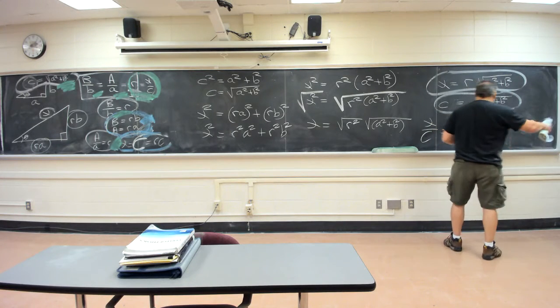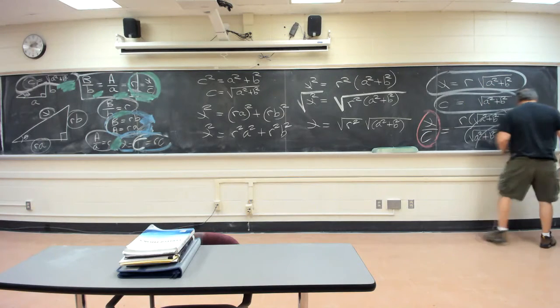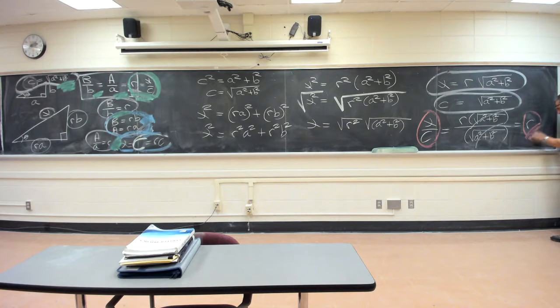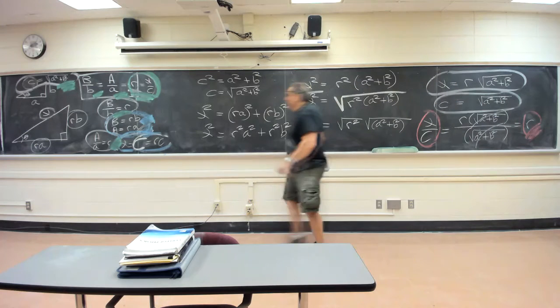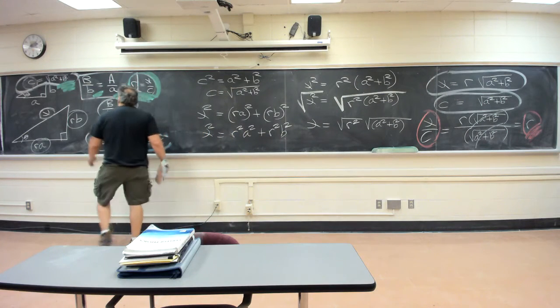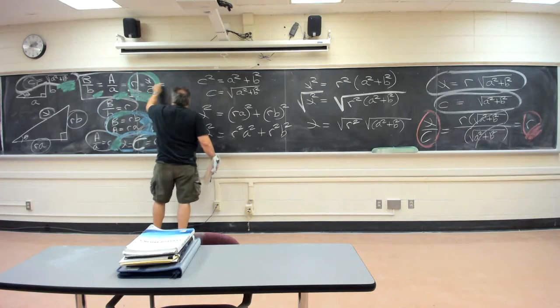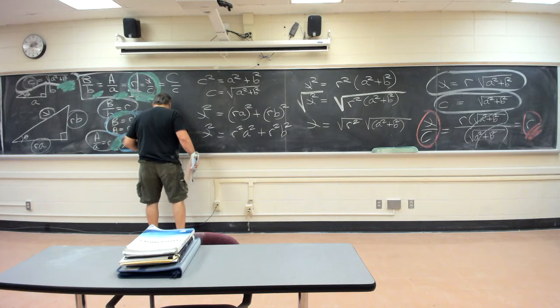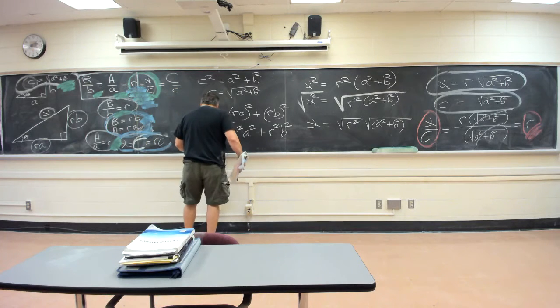So you got it. Big B over small b equals big A over small a equals big C over small c, which is the same as x over c, and all of them are equal to r.